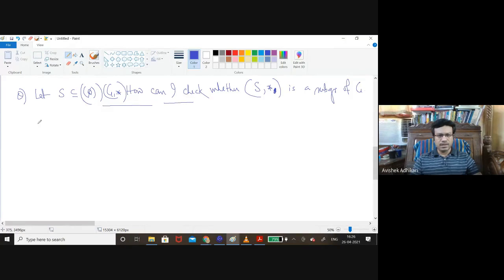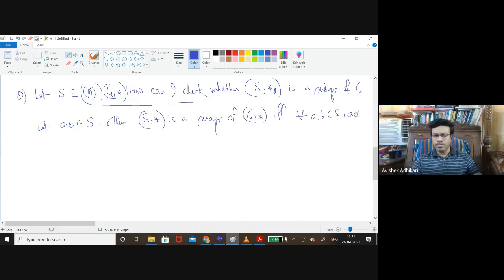It says: let a, b belong to S. Then S with respect to star is a subgroup of (G, *) if and only if for all a, b belonging to S, a b inverse must also belong to S. Mind that this is a very strong result.